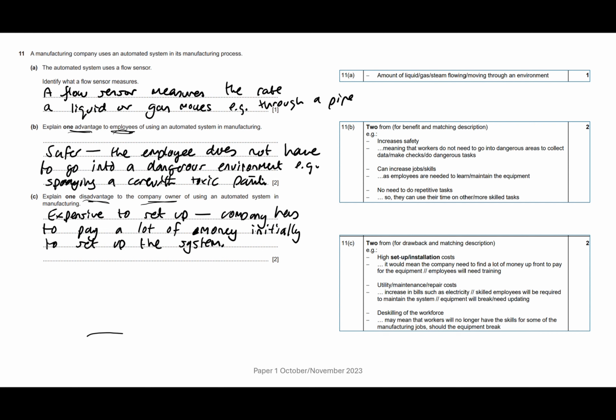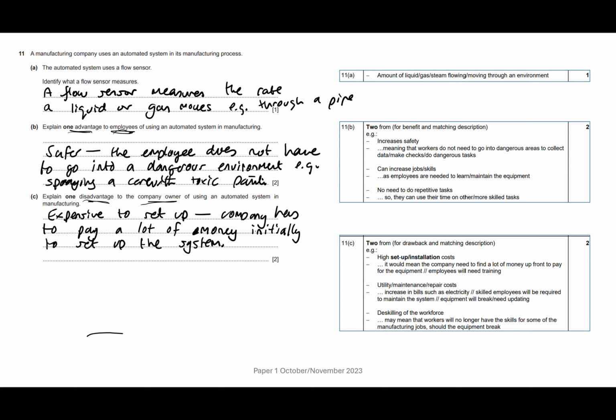Deskilling the workforce. So I sort of mentioned that if the system breaks, you have to stop. Your factory has to stop. Whereas if you had a factory and you didn't have an automated system, you had employees, and one employee wasn't very well, then you can just get a replacement employee to take that role.